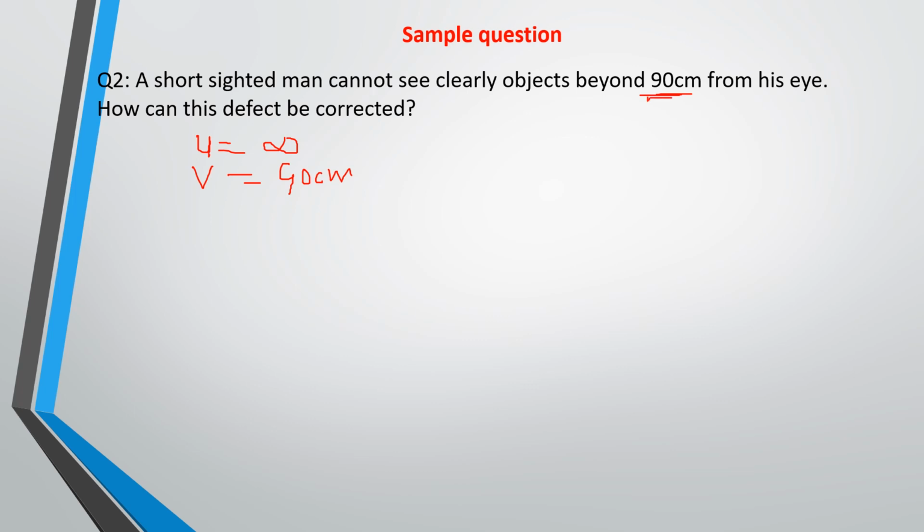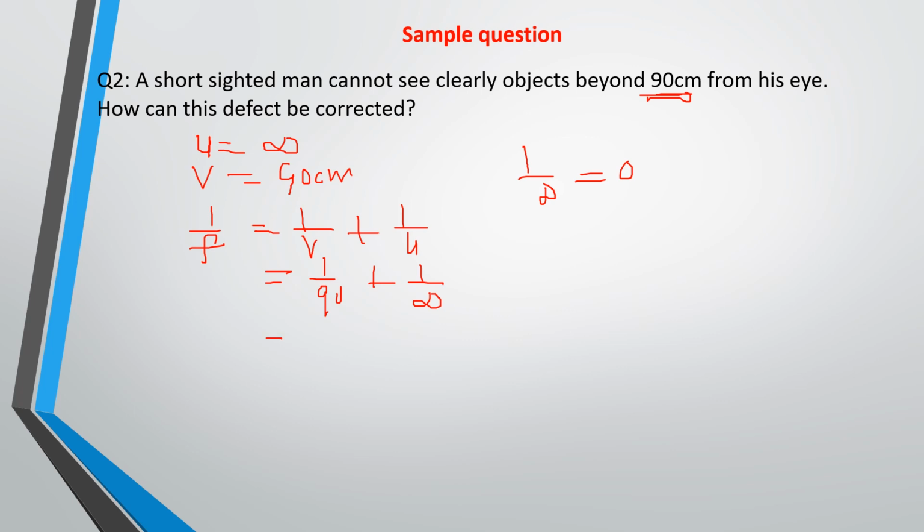So from 1 over f equals 1 over v plus 1 over u, substitute into this equation. It will be 1 over 90 plus 1 over infinity. 1 over infinity is equal to 0.